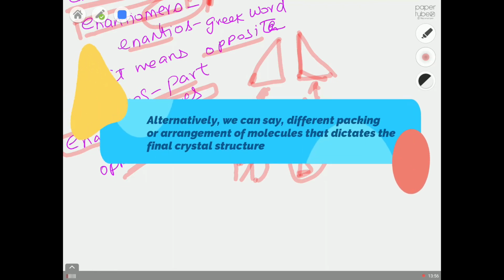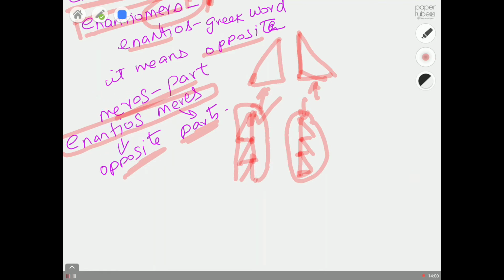And imagine only one of them produces the desired physiological effect, while the other one may be inactive. So in that case, you need to selectively crystallize only this form, exactly this part of the enantiomer.